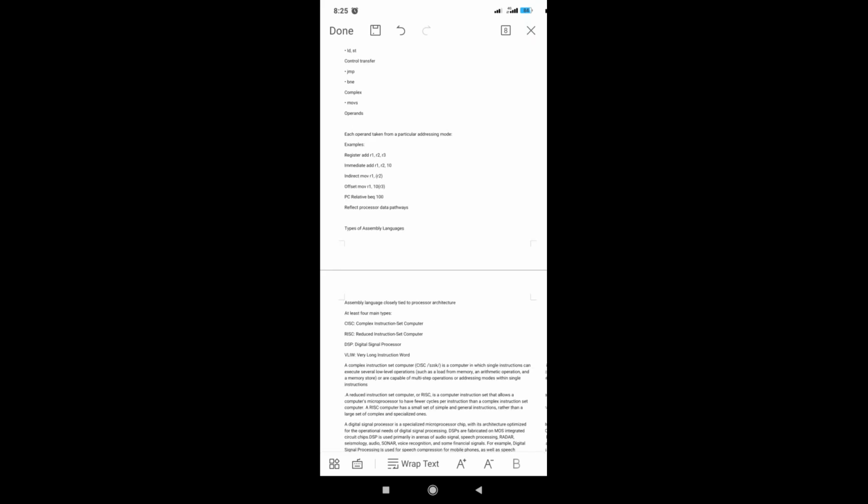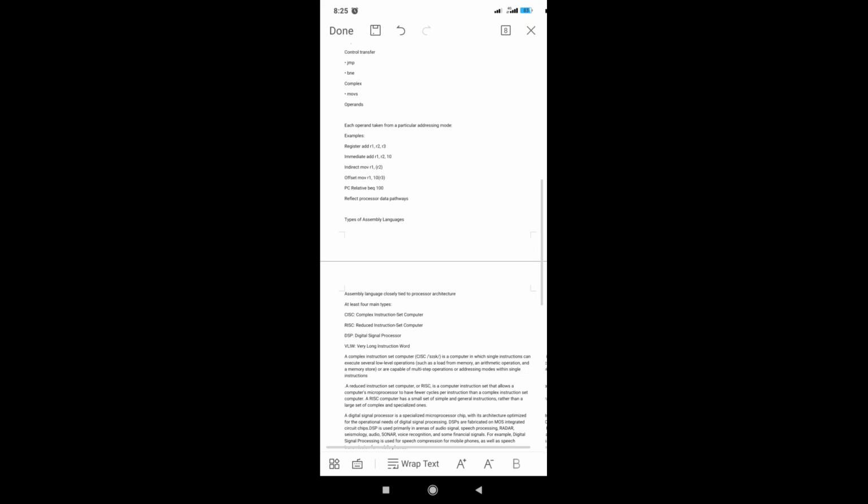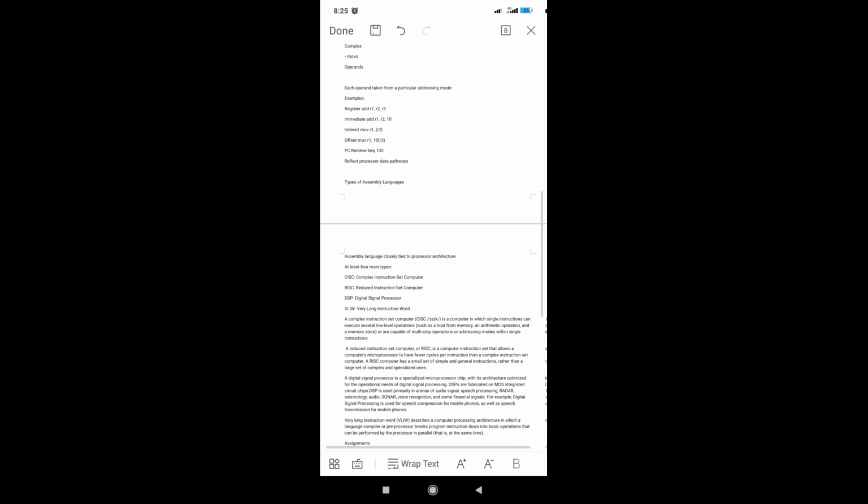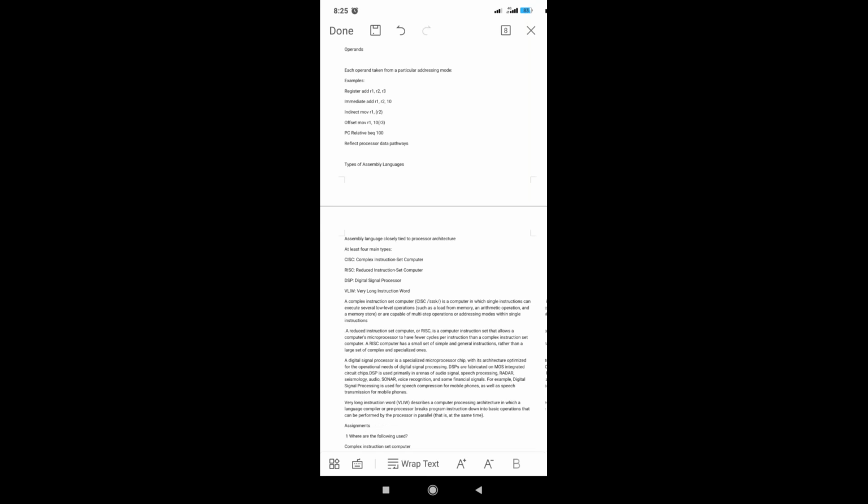Assembly languages are divided into four: complex instruction set computer, known as CISC; reduced instruction set computer, known as RISC; the third one is digital signal processor; and the very last one is very long instruction words.